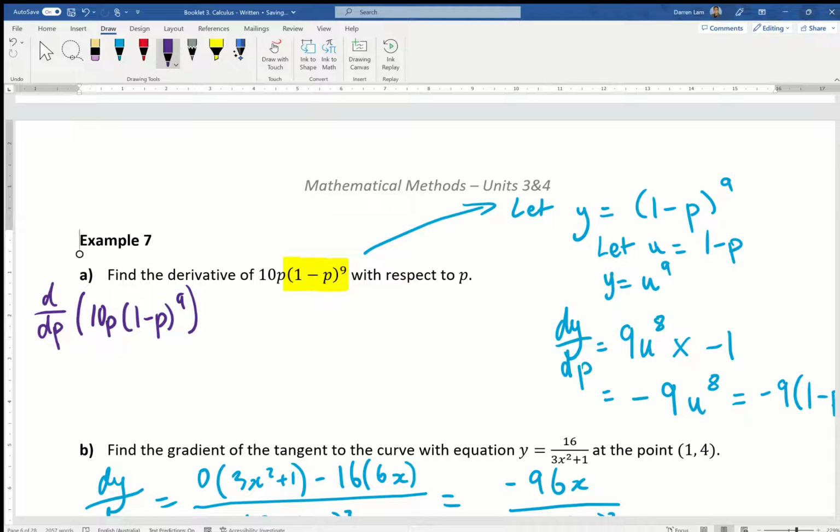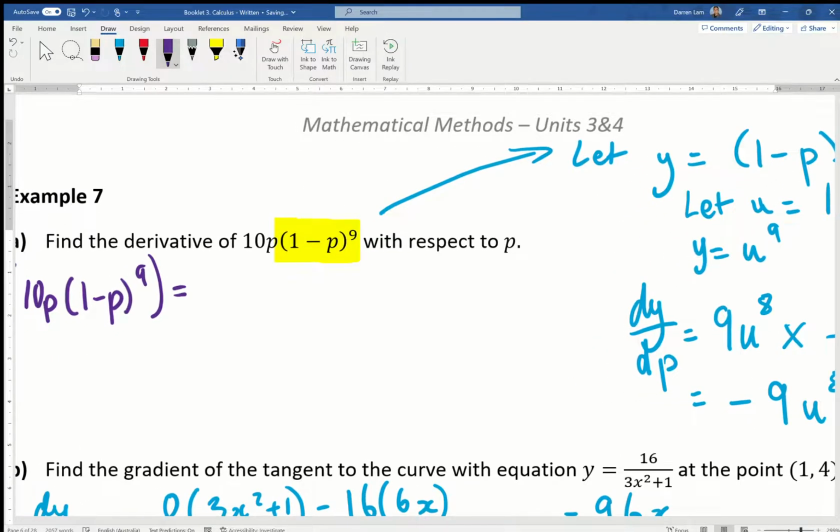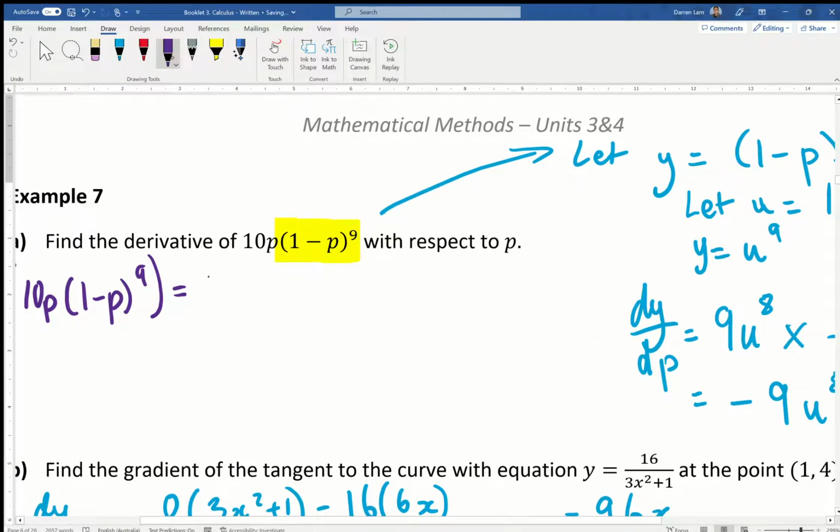The derivative d/dp, so deriving this function in terms of p, equals, and using product rule, I'm going to derive the first one, so that becomes 10 multiplied by (1 minus p) to the power of 9. So I'm just going to derive 10p and leave the second component as it is.